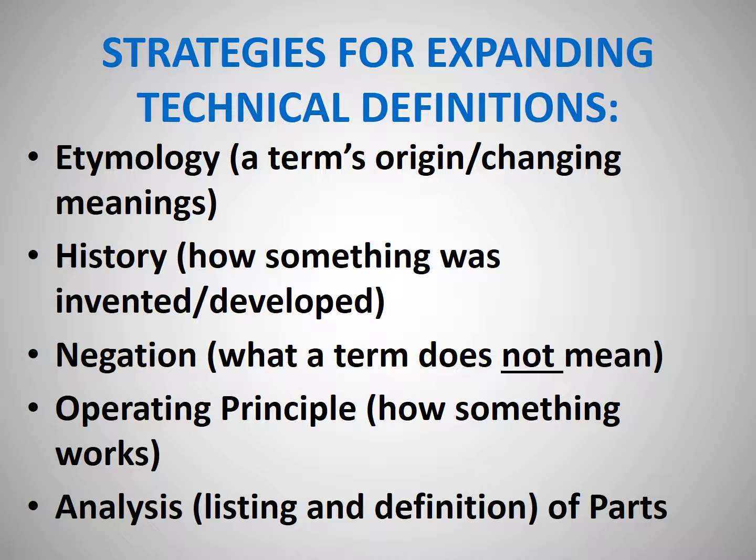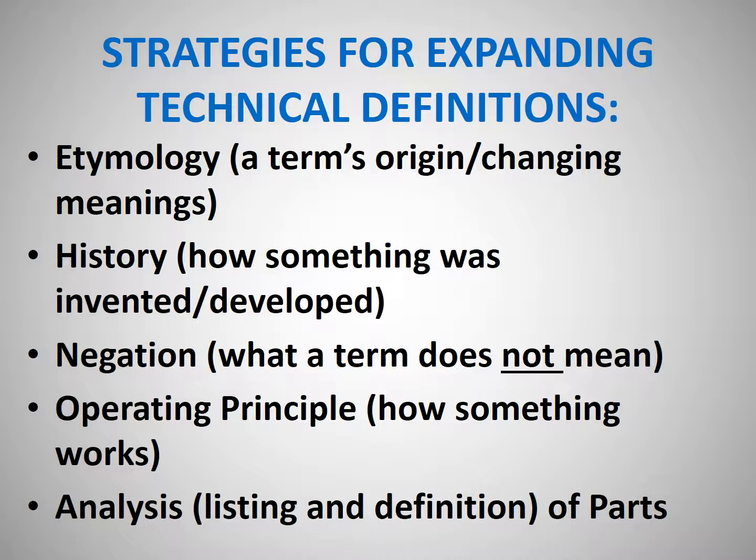First of all, if it's a term that you're trying to define, then one way to define it is by talking about its etymology. In other words, where did the word come from? What did it mean when we first started using it? Has its meaning changed over time? If so, what were those changes? When did they happen? Why did they happen?